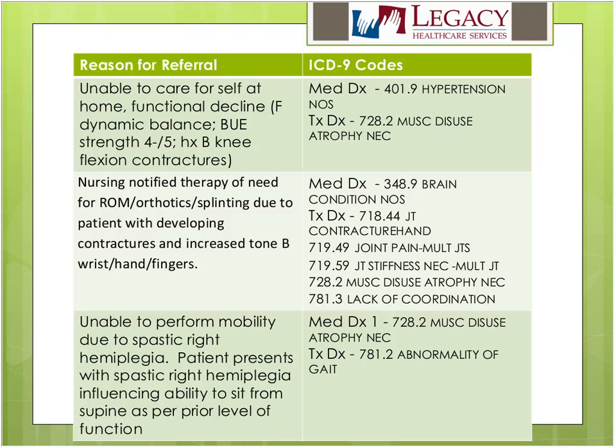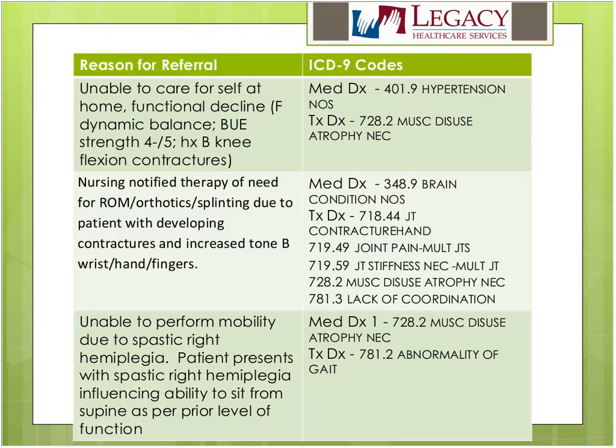The third example: unable to perform mobility due to spastic right hemiplegia. Patient presents with spastic right hemiplegia and influence ability to sit from supine as per prior level of function. So we can have a decent picture of what this person looks like on evaluation.